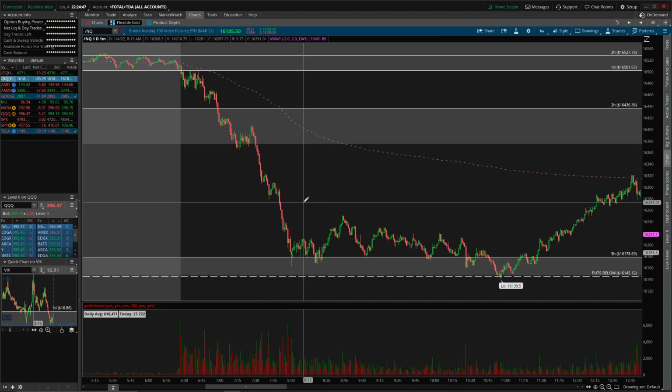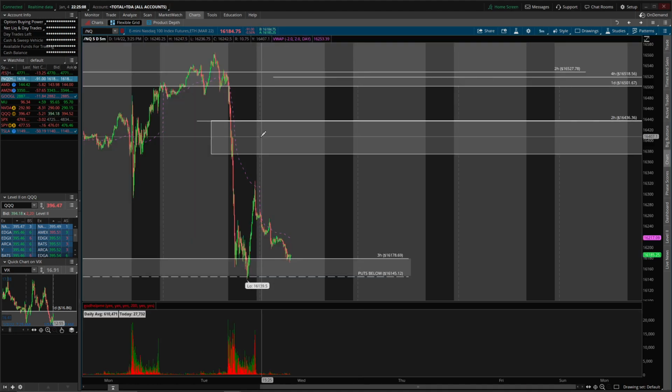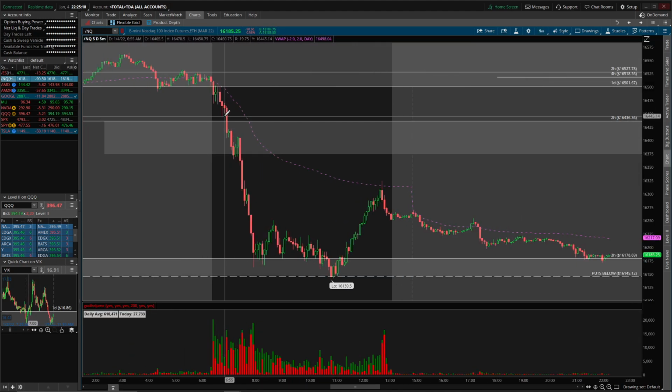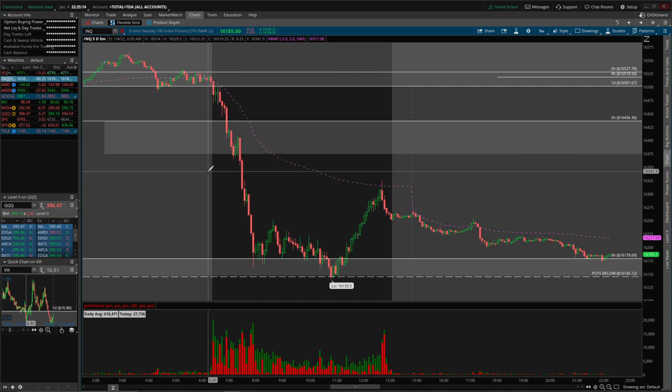Okay, so today, as soon as we rejected this 2-hour and this daily demand, supply, price just came tumbling down, tagged this 2-hour, and then just sliced through it as if it really wasn't there. This is a minute chart, but if you look at a 5 or 15-minute chart, it's a lot clearer that price almost ignored this thing.